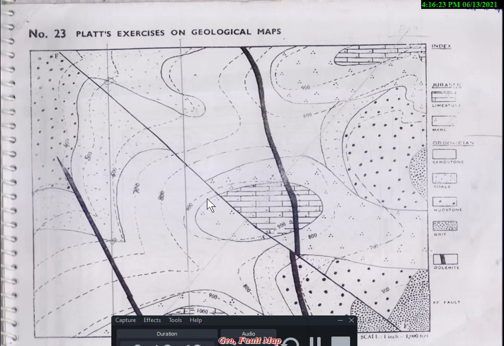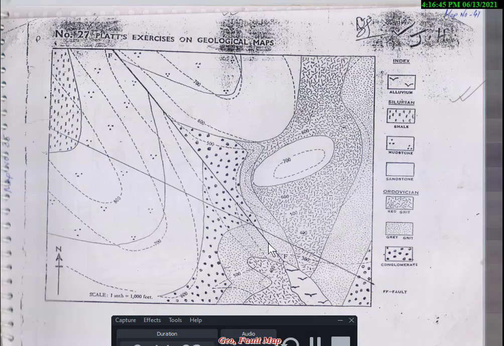So this line and this line are definitely the same line. So this line suddenly disappears here and appears here. So this line, from this point to this point, is a fault line. Okay, now you move forward.